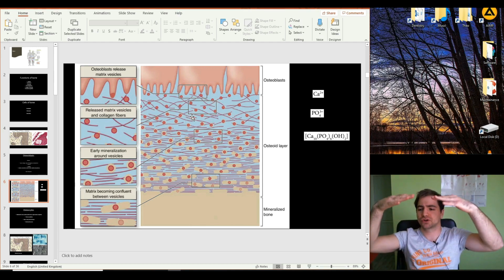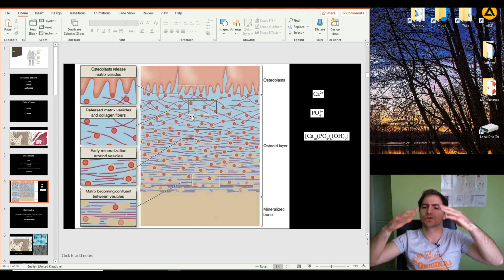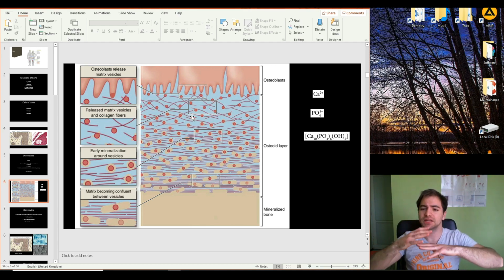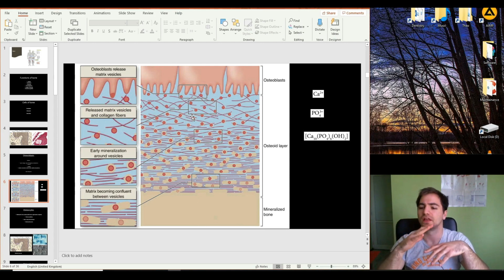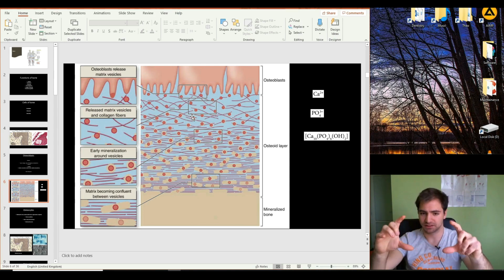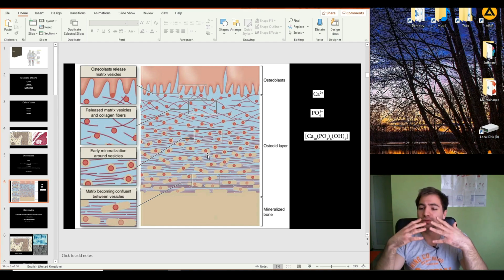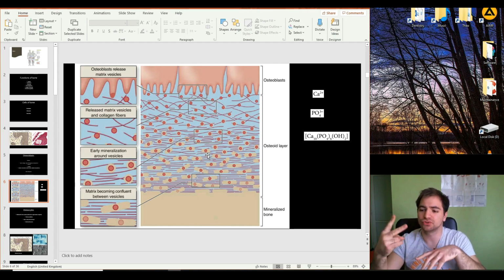So we have production of a lot of collagen type 1. In the beginning, this is irregularly structured, not parallel, with no specific organization. So first we have the deposition of collagen. Then within this matrix, this osteoid, the collagen starts to be attached by 2 different enzymes.